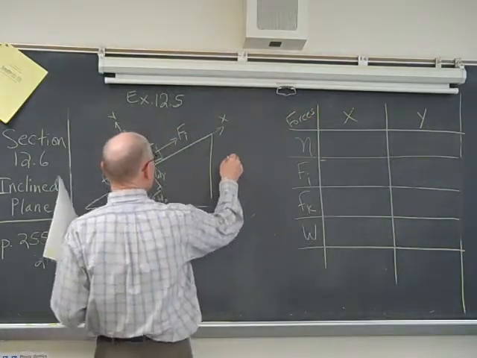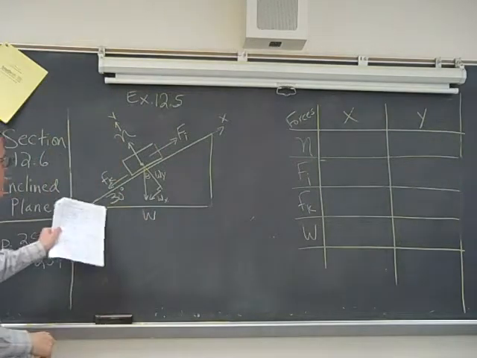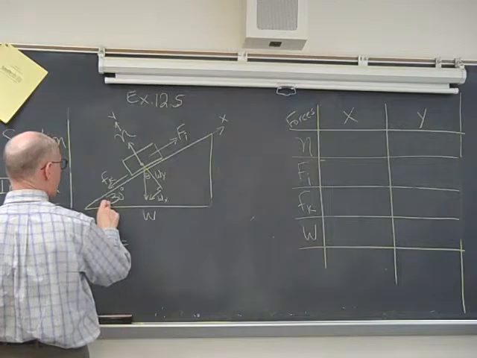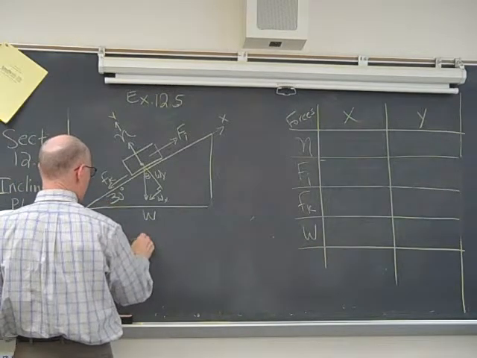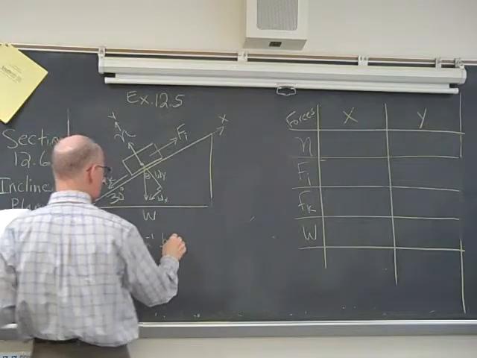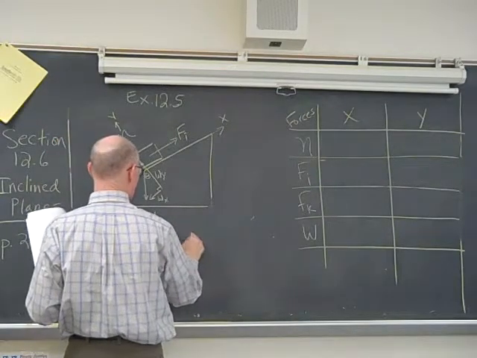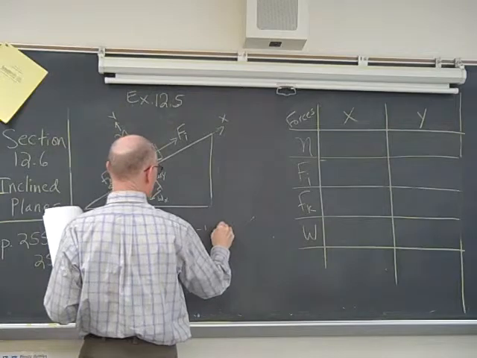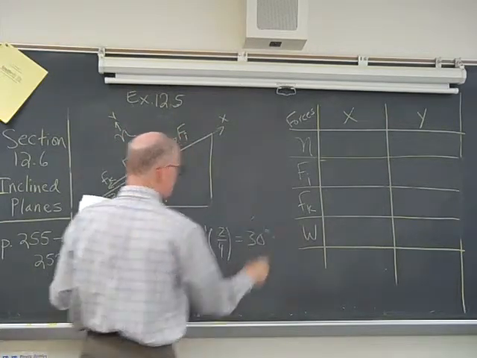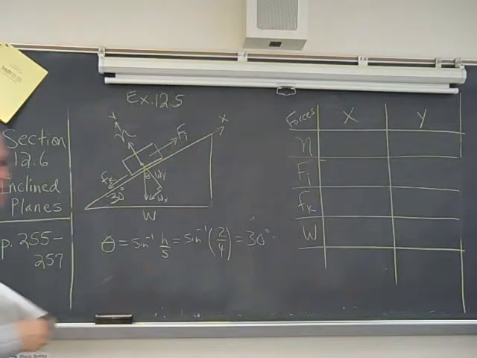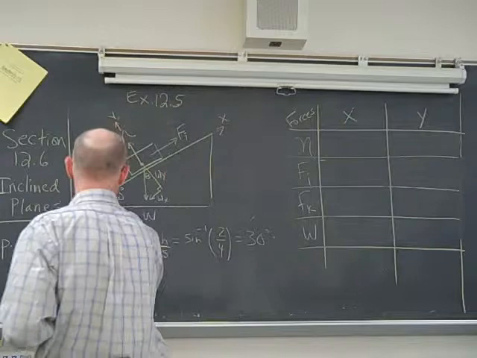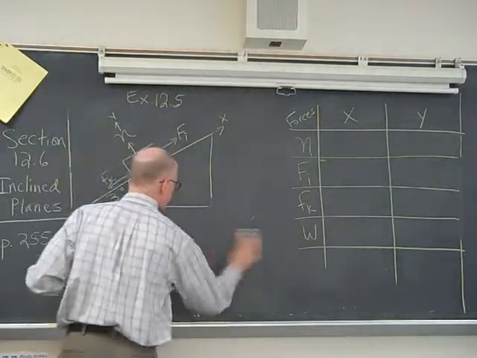So the angle of the ramp, I've already written in 30 degrees here, but just as a refresher, the angle of the ramp is the inverse sine of h over s, or the inverse sine of 2 over 4, and that ends up being 30 degrees. So you can see at the top, there's just a little bit of trigonometry there first to figure that out. All right, so let's go with it.